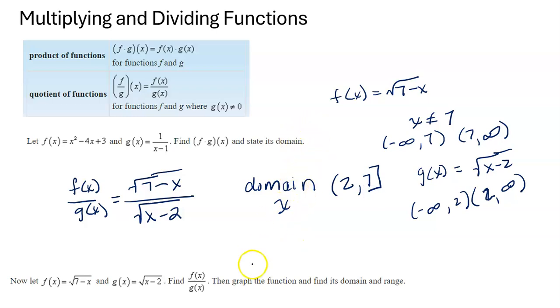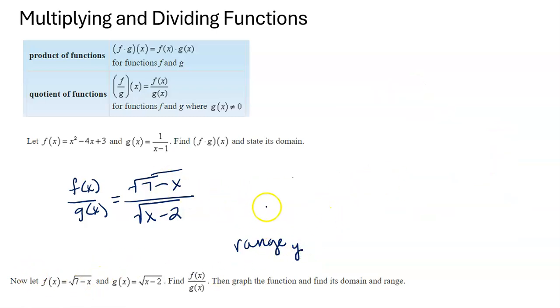And then the range, which is y, if I plug in 2, well, I'm going to have to erase, hold on. Okay, so my domain was 2, 7. So let's see what happens. If I plug in 2, I get the square root of 7 minus 2 over 2 minus 2.